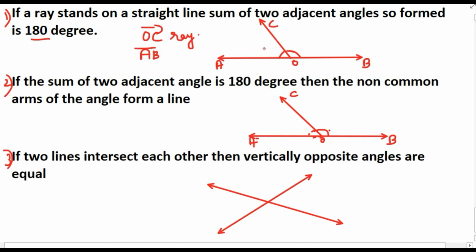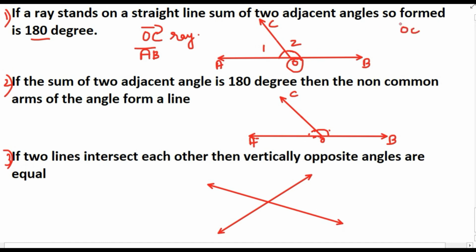So here we can see two adjacent angles. Why are they called adjacent angles? Because they have a common arm, they have a common vertex, and the non-common arms are lying on the opposite sides of the common arm. OA and OB are non-common arms, they are lying on opposite sides.